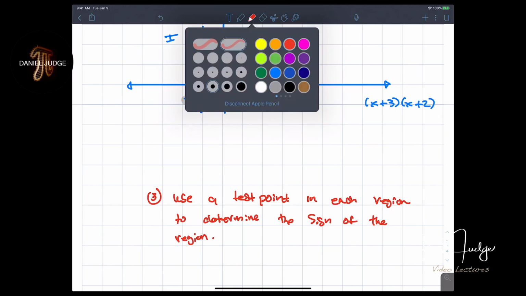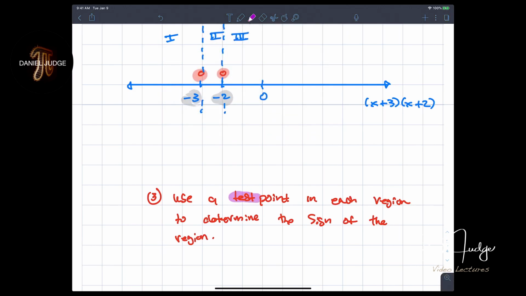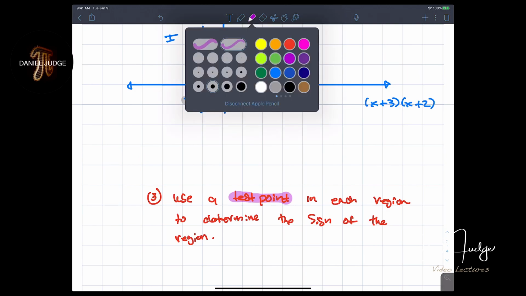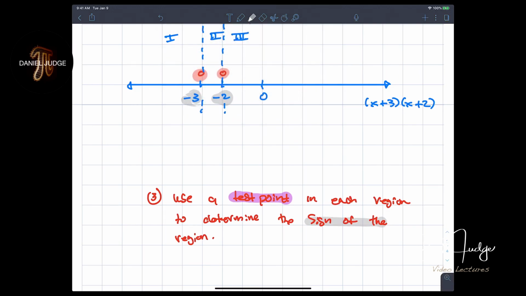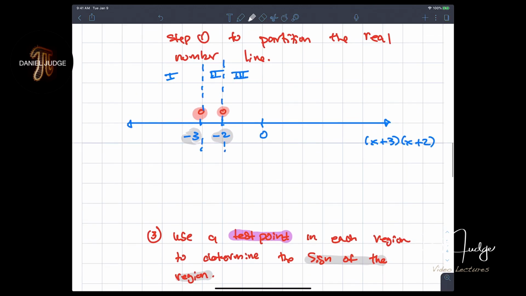So what we want to do is find a test point to determine the sign of the region. I have 3 regions here. 1, 2, 3. I need to know the sign of each one of these regions. So that's what's happening. Find the sign of a region.